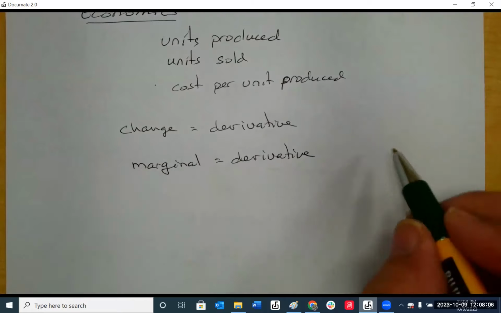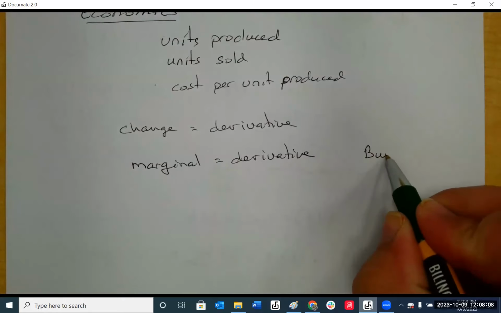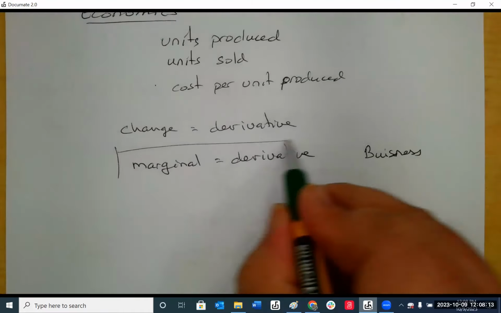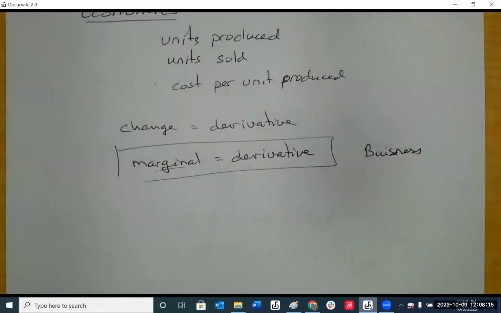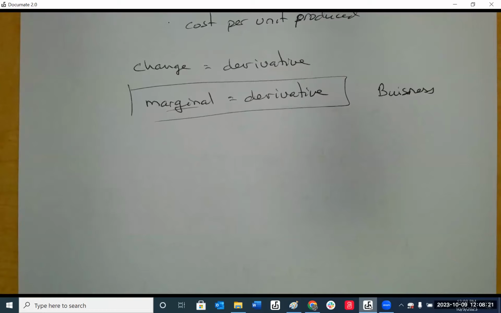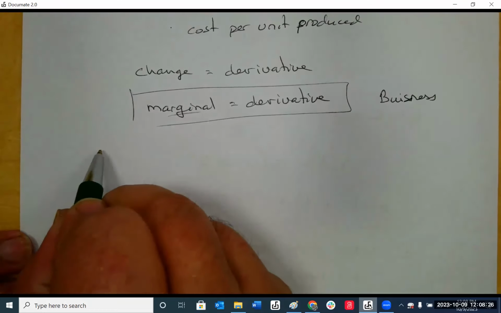So in business, whenever you see the word marginal, marginal cost, marginal profit, then we're looking at derivatives. We're looking at manufacturing.